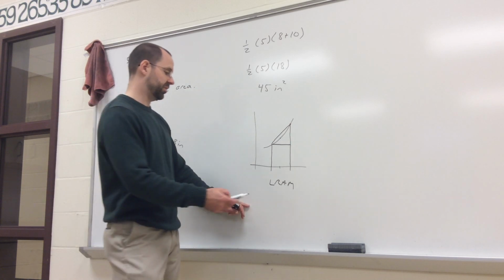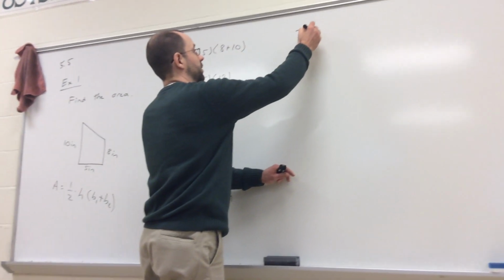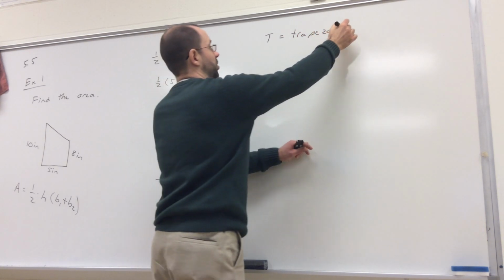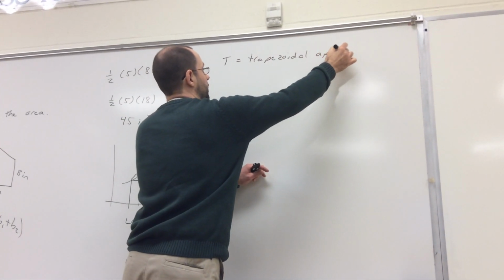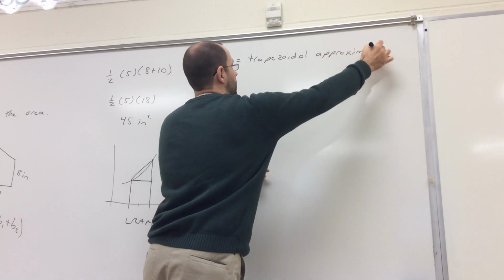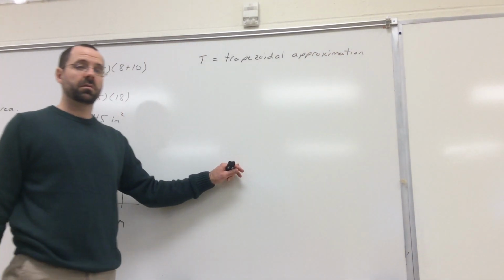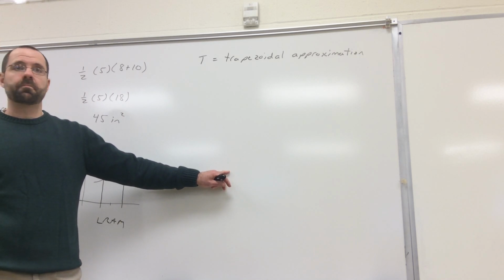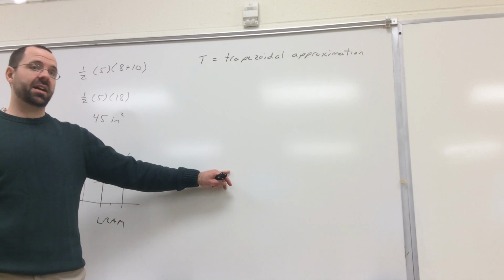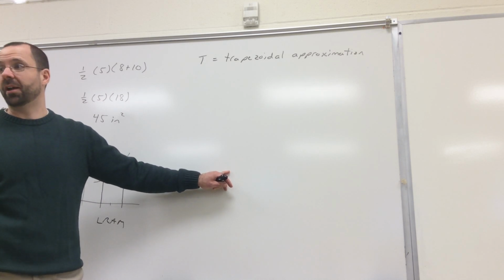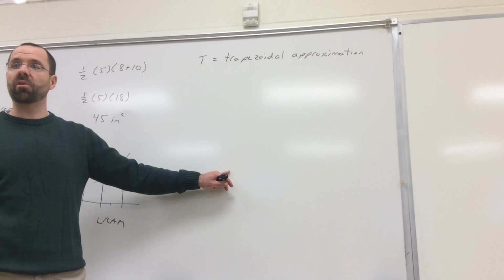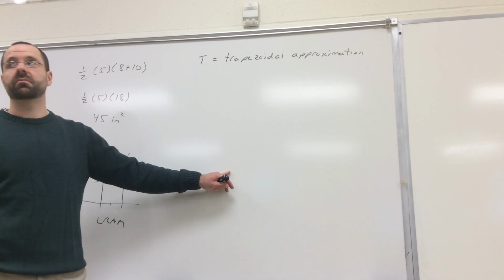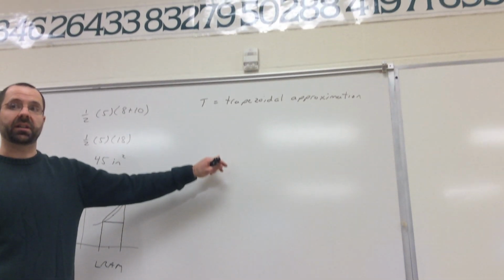And that's called capital T. That's the trapezoidal approximation. So we already have LRAM, RRAM, and MRAM. Today we're learning a fourth approximation method called trapezoidal approximation. And the abbreviation for that is just capital T.